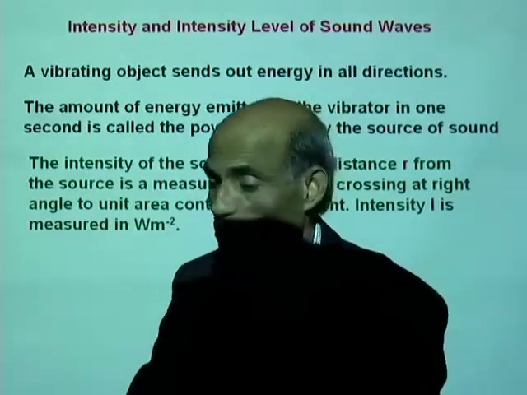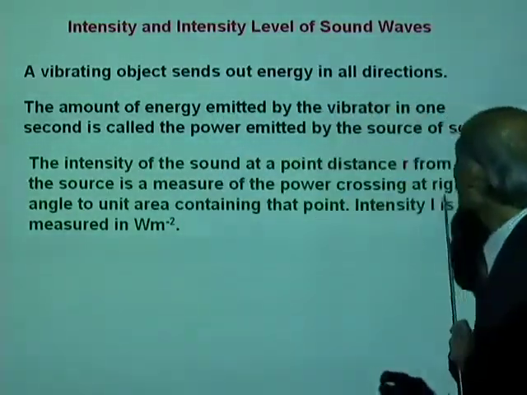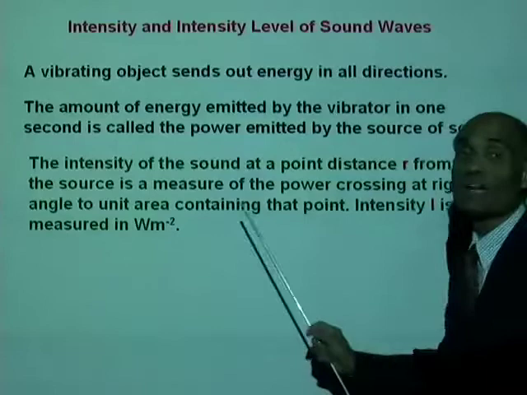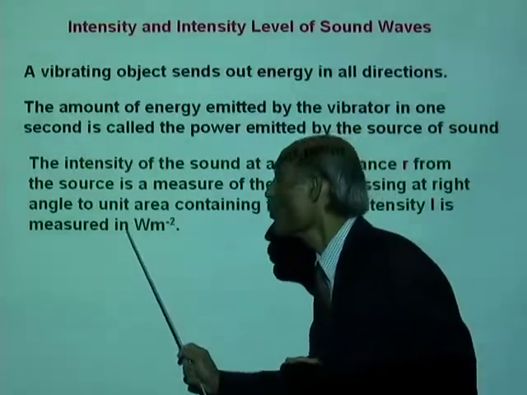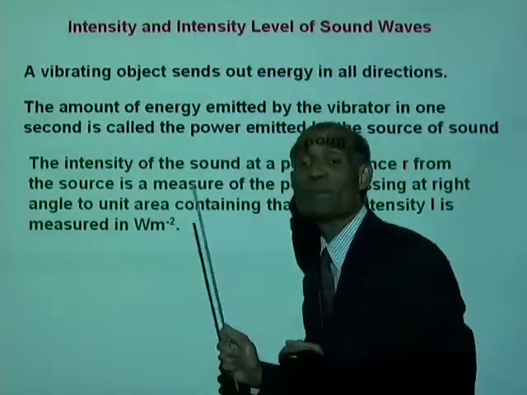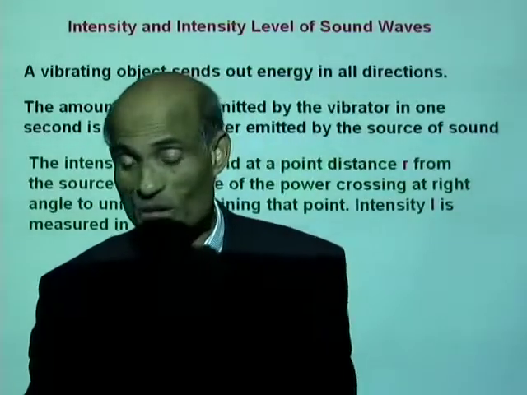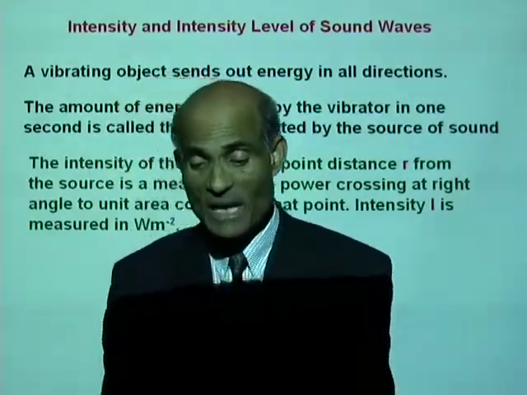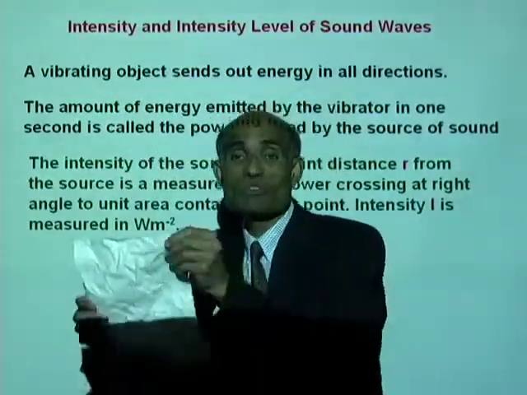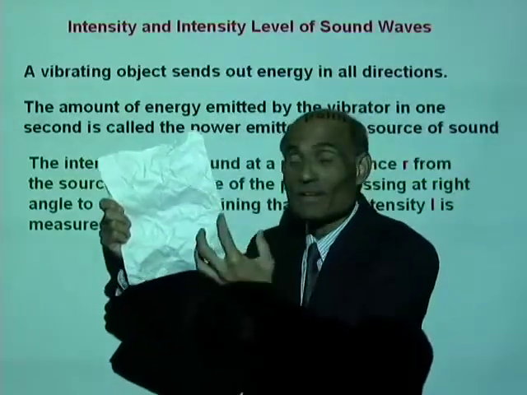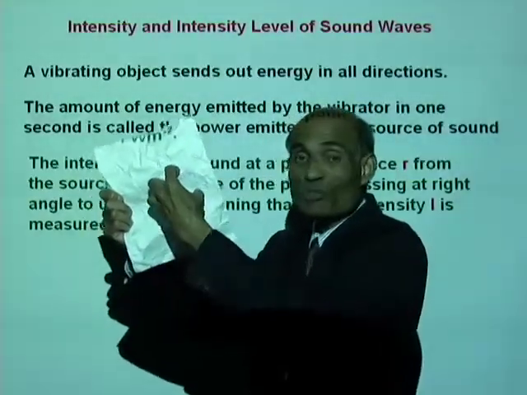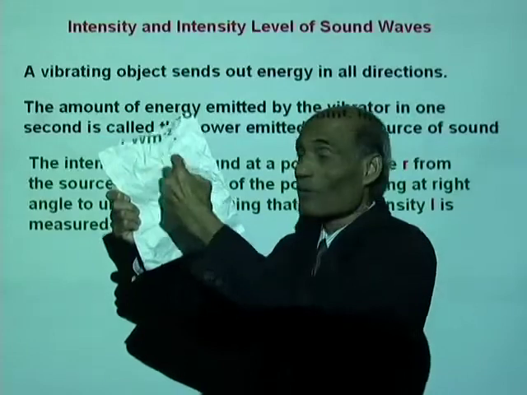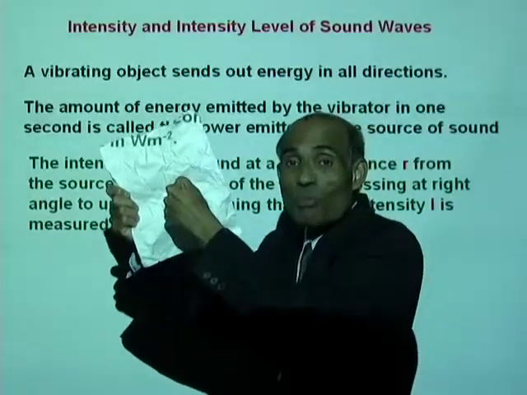And we will represent intensity by I, and it is measured in watt per meter square. In other words, intensity at a point is a measure of the power that is crossing at right angles to a unit area that contains the point.